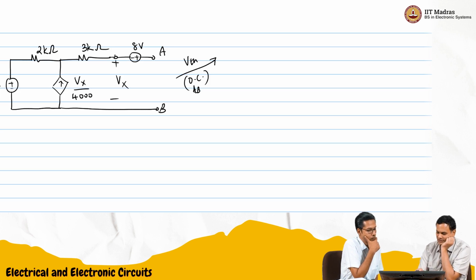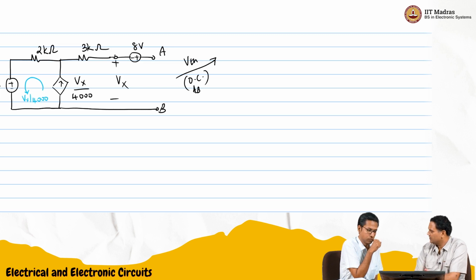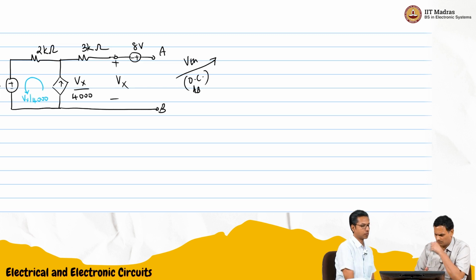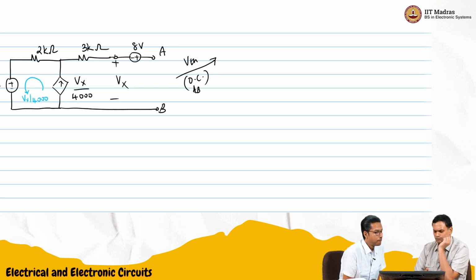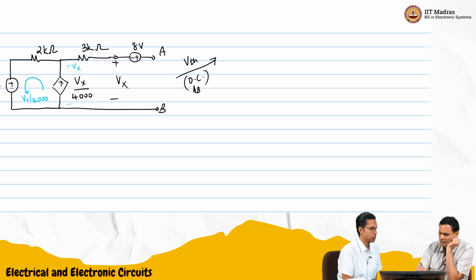If that is open circuited, so I'll just mark this. So Vx by 4000 will flow like this. You can write the... So 4 volt. So this will also be Vx actually, right? Because there is no drop across 0.